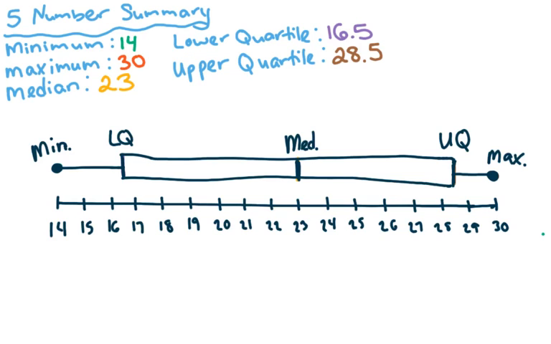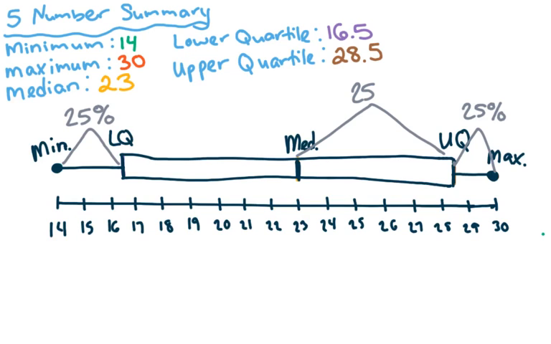First of all, we can tell that the quartiles each represent 25% of the data. And there are 4 quartiles because each part is 25%. So that's the 2 halves of the box and the 2 whiskers.